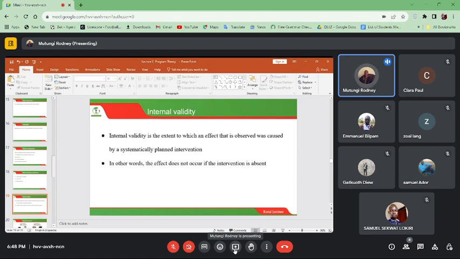In other words, if we are looking at stunting reduction, for us to say that your intervention was really good and achieved its goal, we want to say that this stunting could not have reduced by this measure if your systematically planned program or intervention was not in place.